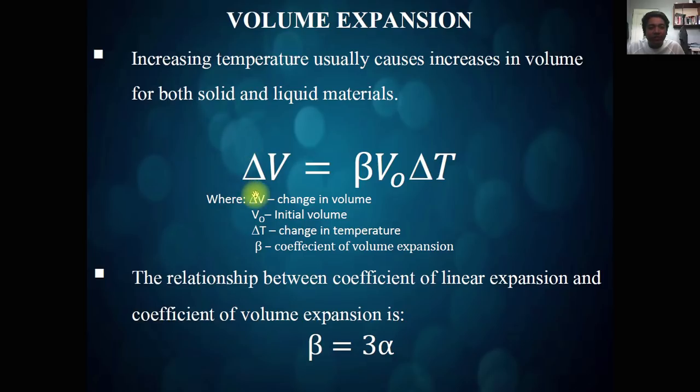The change in volume when the object is heated. Beta is the coefficient of volume expansion, V naught is the initial volume of the material, and delta T is the change in temperature.